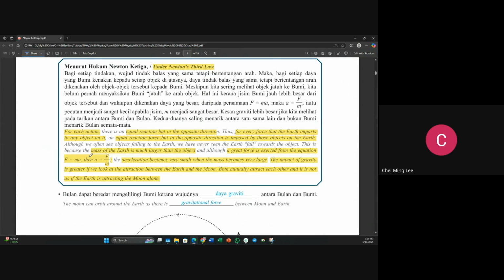So we can't say there is no movement at all. Keep in mind, both bodies, no matter how big the difference between their masses, will still attract each other. It's just that one moves faster, one moves slower. Can you understand?